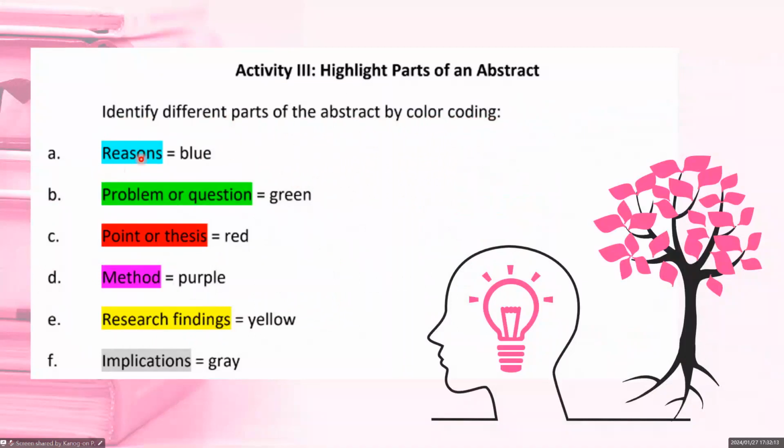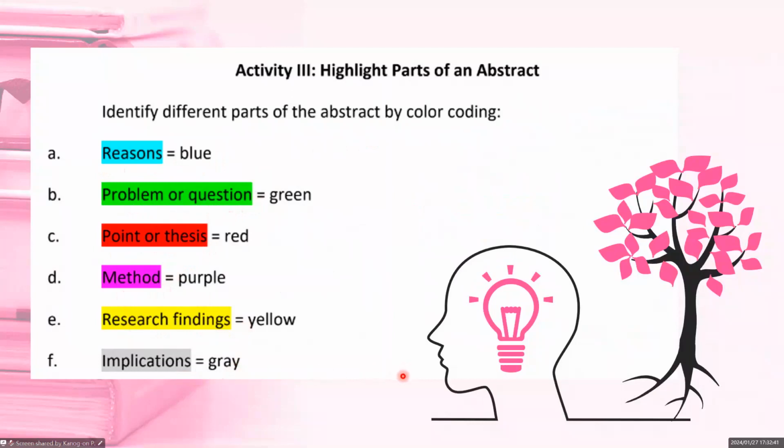The blue one means reasons, why you do it. The red one means points or thesis of your research. The purple means method or methodology, and gray will be implication.